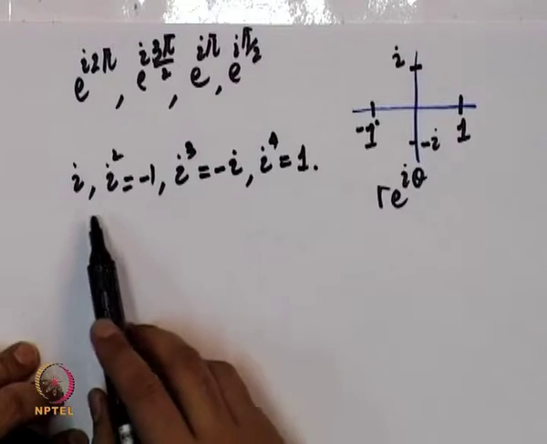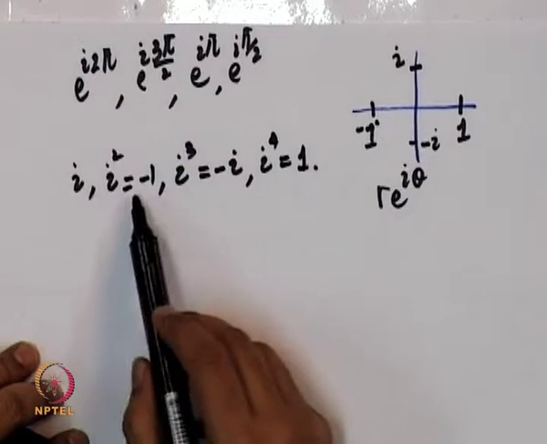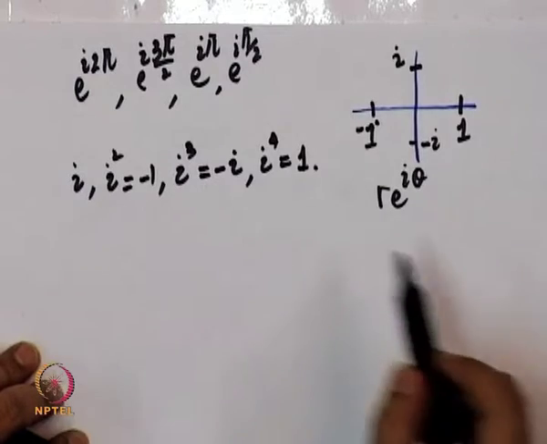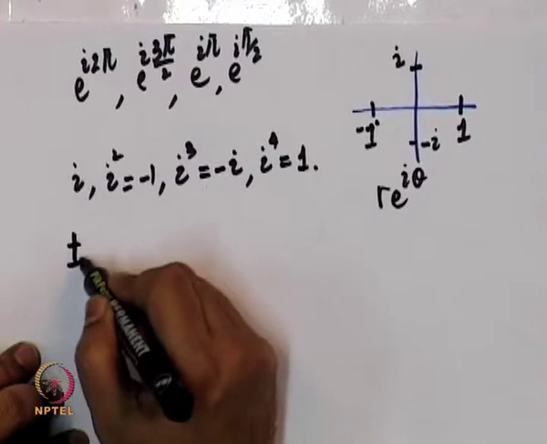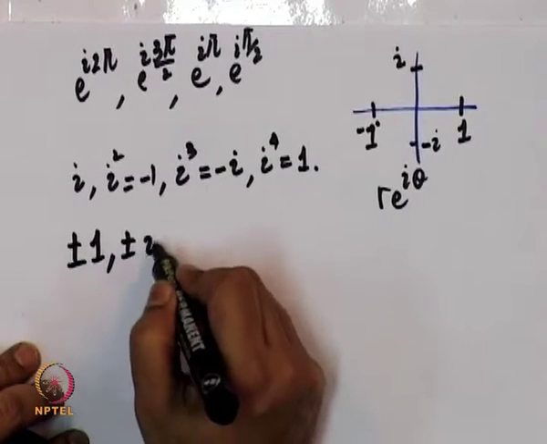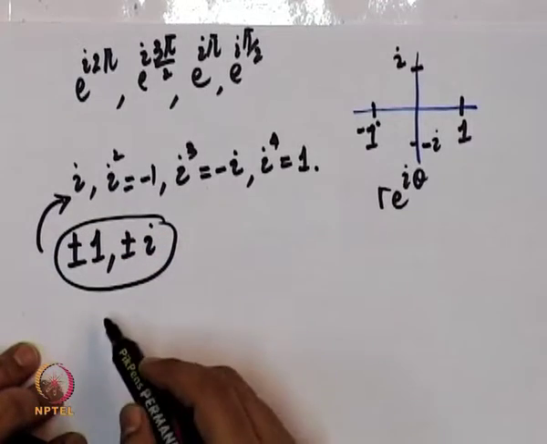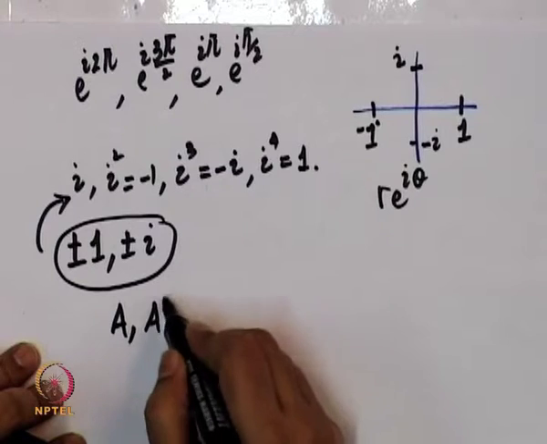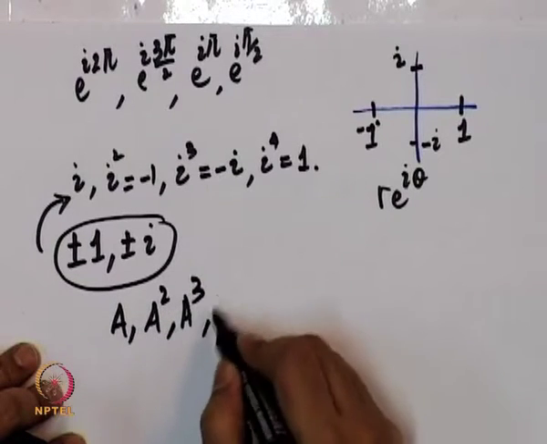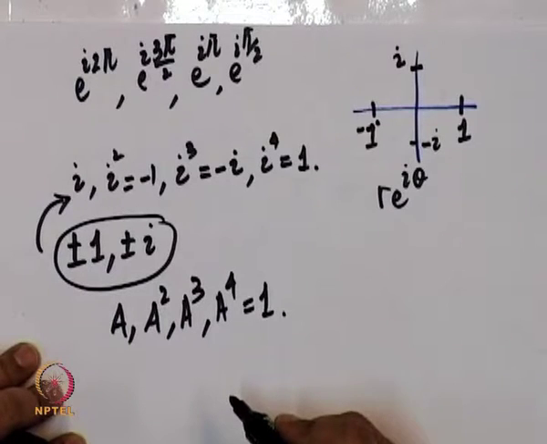So, you can represent all the elements like in the first group that we had, which had plus or minus 1 and plus or minus i. So, the elements are all represented in this form. In other words, you have a group, elements of which can be represented as a squared, a cubed and a power 4, which comes back to the unit itself, right.